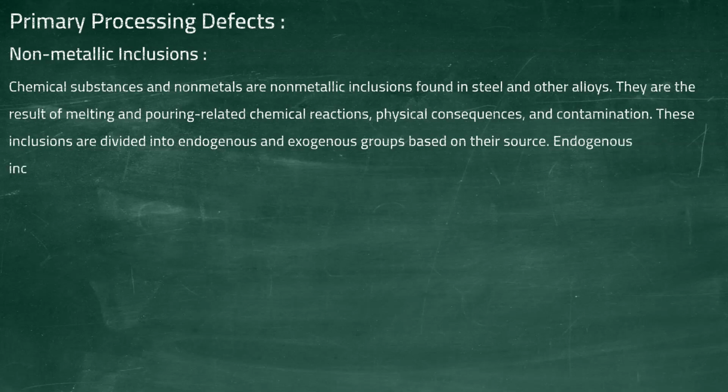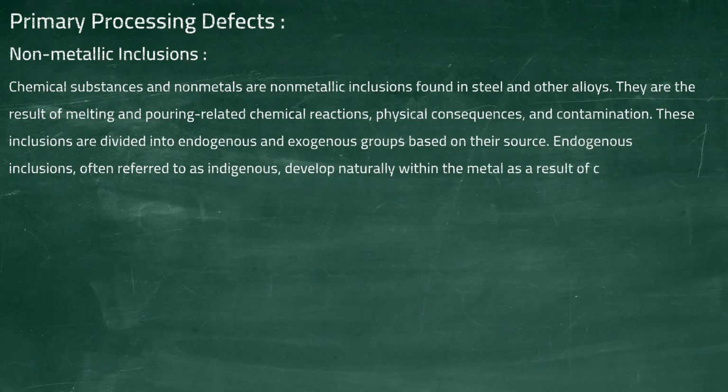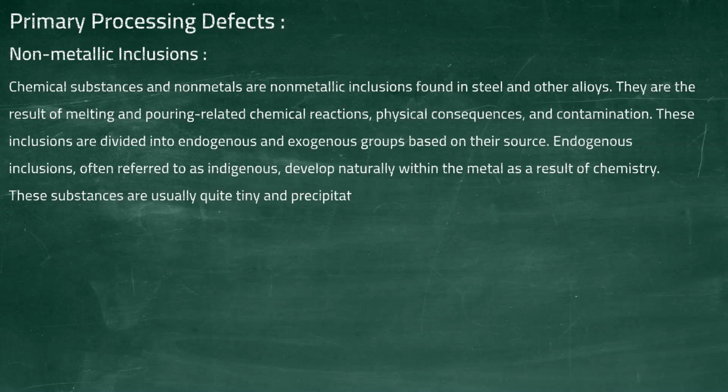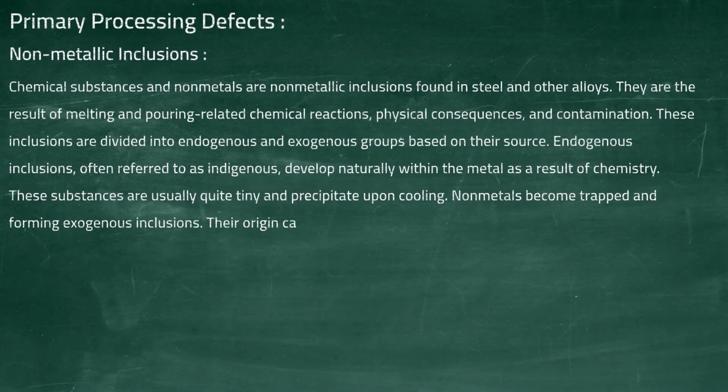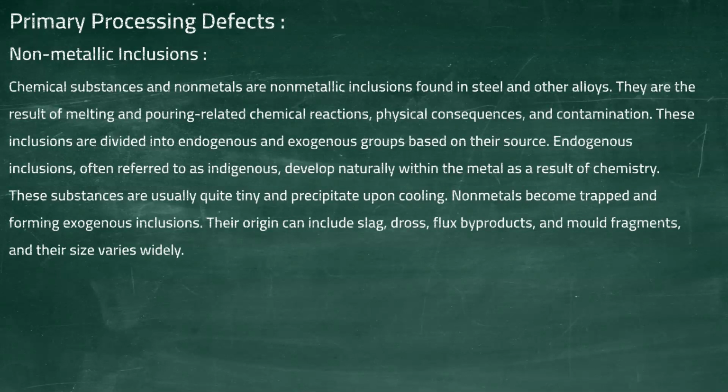Endogenous infusions, often referred to as indigenous, develop naturally within the metal as a result of chemistry. These substances are usually quite tiny and precipitate upon cooling. Nonmetals become trapped, forming exogenous infusions. Their origin can include slag, dross, flux byproducts, and mold fragments, and their size varies widely.